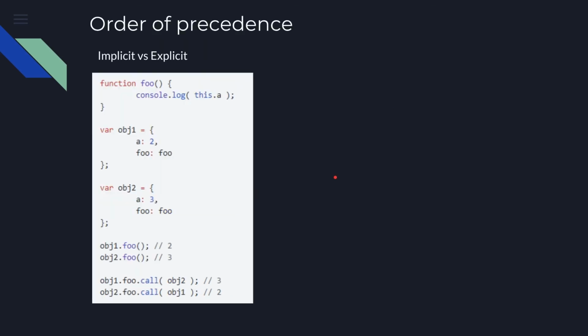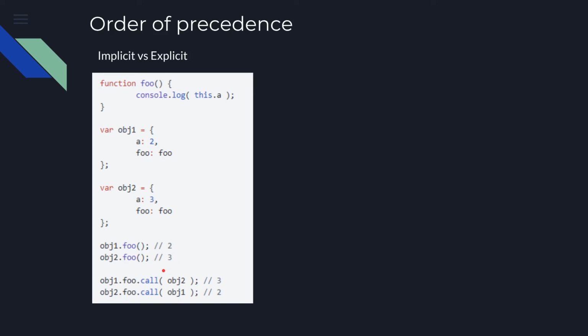What happens when multiple bindings are applied on the single call site? In this case, we are executing foo on obj1 and obj2. This is implicit binding, and the first one prints 2 and the second one prints 3, which is obvious.